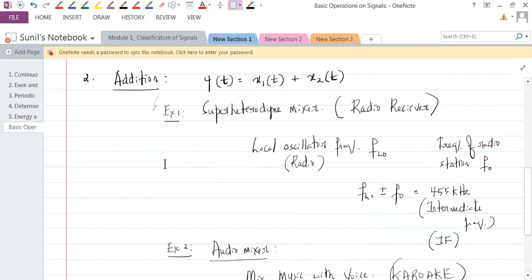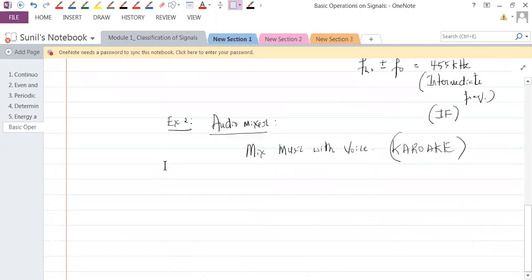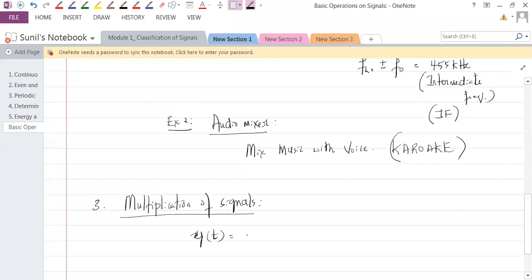Similarly, we have the third operation wherein we multiply signals. Multiplication of signals. Where do we multiply here? If you have, let's say, y of t, multiplication means it's x1 of t into x2 of t.